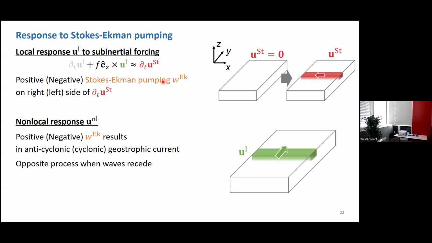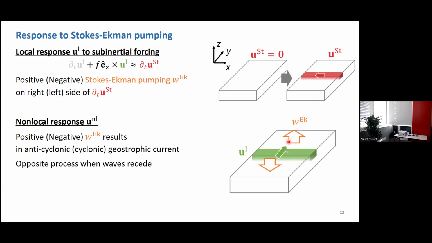So we get the local response velocity in the lateral direction to the increasing Stokes drift, which causes horizontal convergence and divergence of mass, which leads to the Stokes Ekman pumping at both sides of the localized forcing.